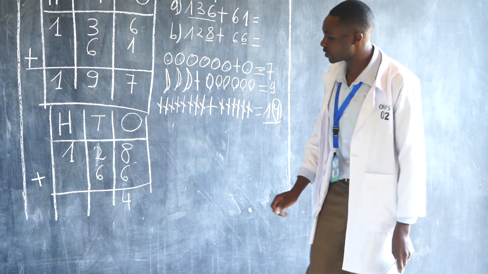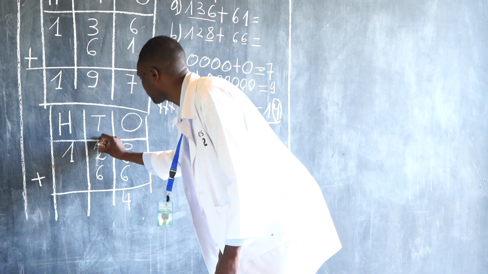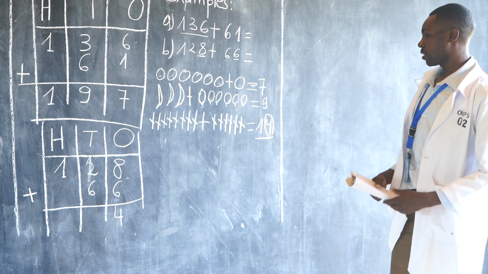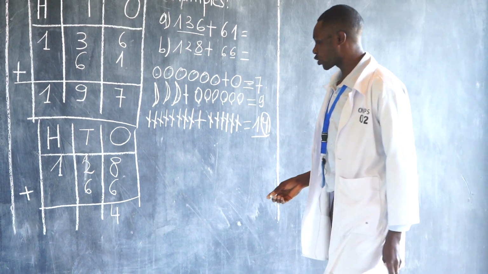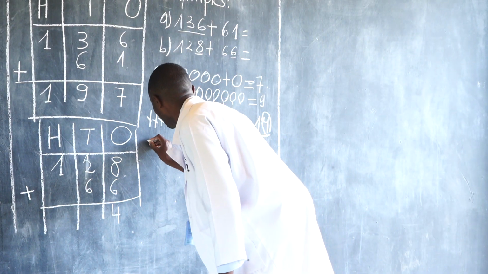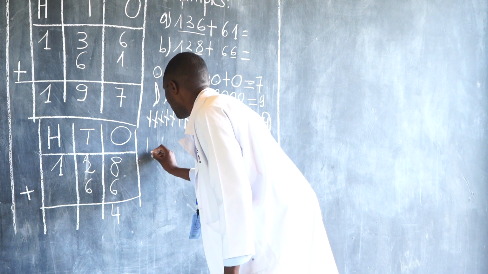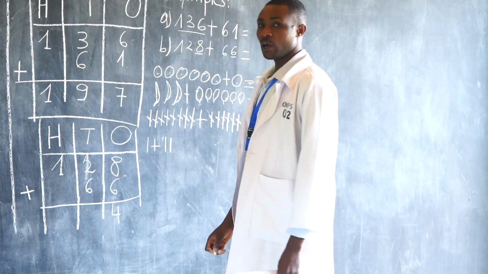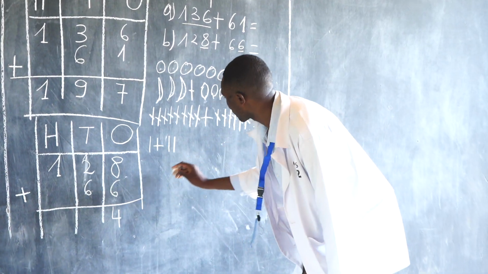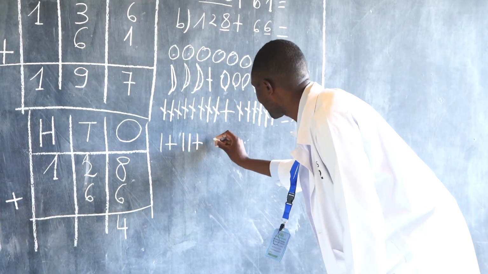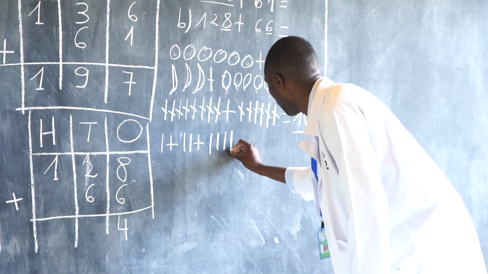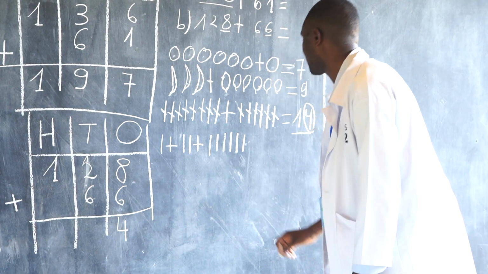That's why we are going to put it here. Now let us continue our operation. Now it is 1 plus 2. 1, 2. After that we are going to add 6. Now add 6. 1, 2, 3, 4, 5, 6.